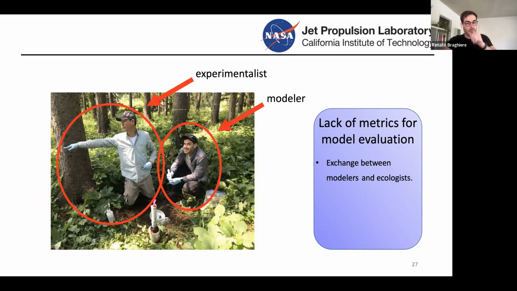I got some sort of funding to actually visit the Morton Arboretum and to start thinking about the uncertainties associated with carbon exudation, because something that the FUN model does is to assume the resource optimization.